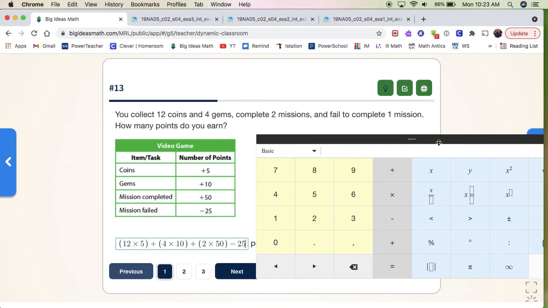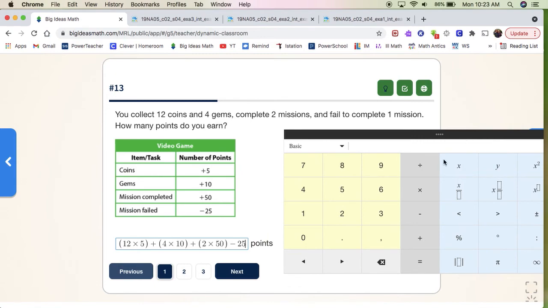So let's go ahead and solve that. We're going to say that equals. So first we're going to do 12 times 5, which is 60, plus 4 times 10, which is 40, plus 2 times 50, which is 100. And from that, we're going to subtract the 25.